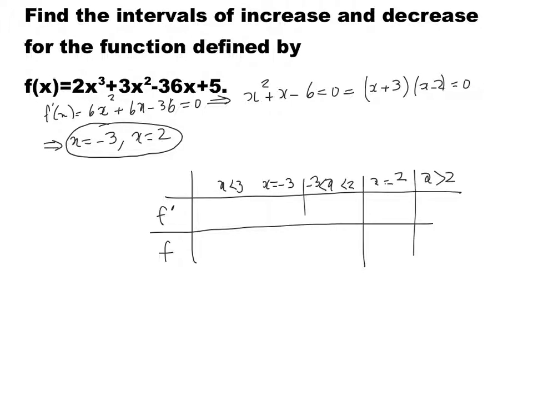Now in each interval or point, I'm going to see the sign of f prime. When x is less than negative 3, I'm going to pick a number less than negative 3, let's say negative 4. Then I'm going to substitute it back in f prime. So f prime becomes 6 times 4 squared plus 6 times 4 minus 36.